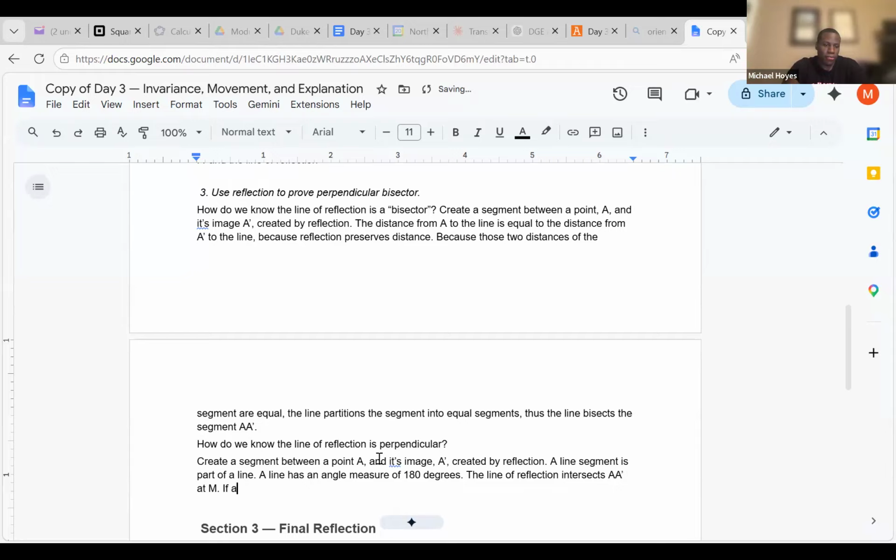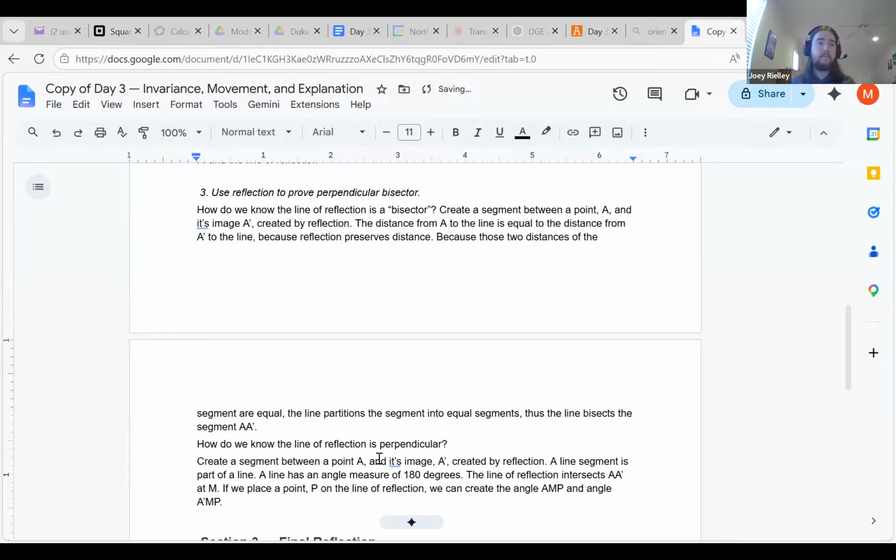If we place a point P on the line of reflection, angle AMP and angle A prime MP, do you agree with that? Yeah.